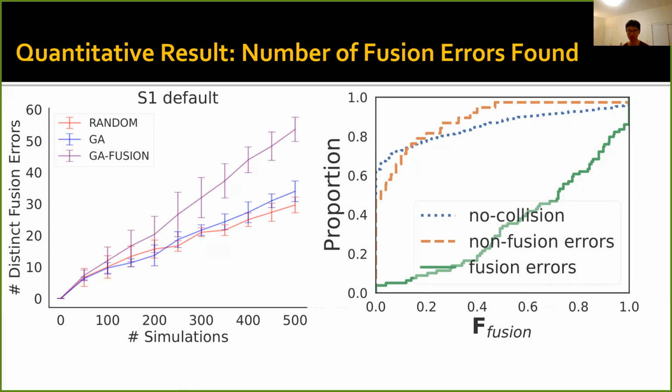In particular, non-fusion errors tend to have very small F fusion, because the majority have small F fusion objective values. But the majority of the fusion error scenarios have very large F fusion objective. And this actually explains the left-hand side graph, which shows that our method, GA fusion, can find more distinct fusion errors than the two baseline methods, GA and random. The GA one doesn't have this F fusion objective. The random one is just a random search.